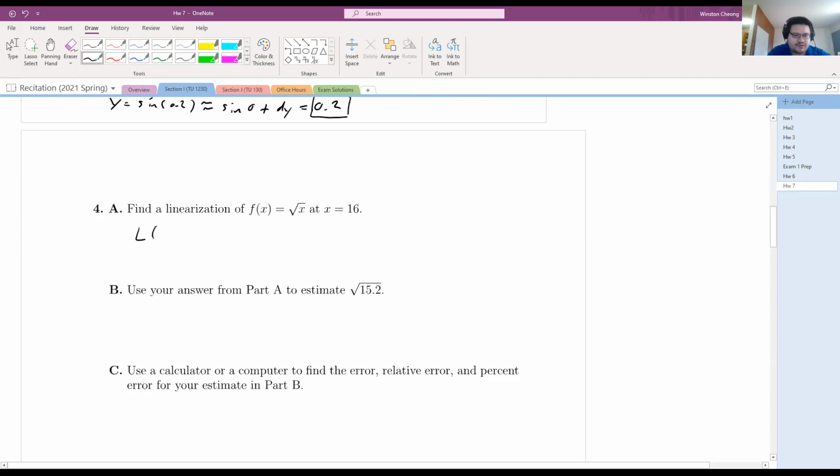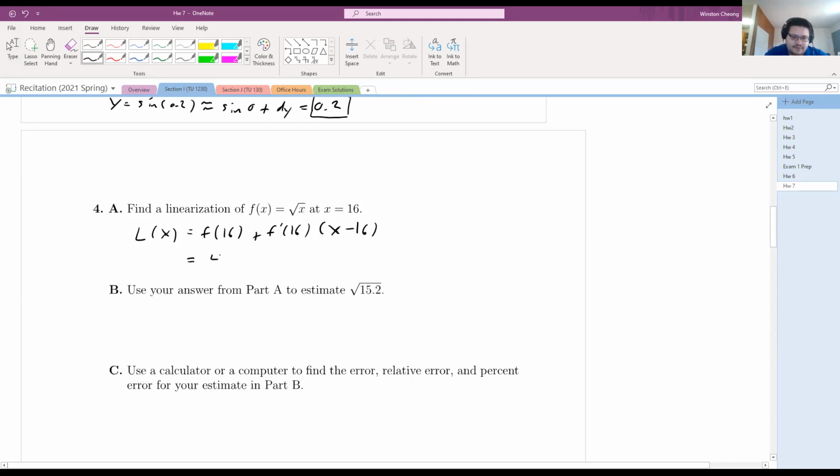But to do the linearization, just remember, I would actually just write the formula: f of 16 plus f prime of 16 times (x minus 16), right? Before I used a for these, but a in this case is the 16. A is the value you're centering your linearization at. So now what we have to do is figure out these two values.